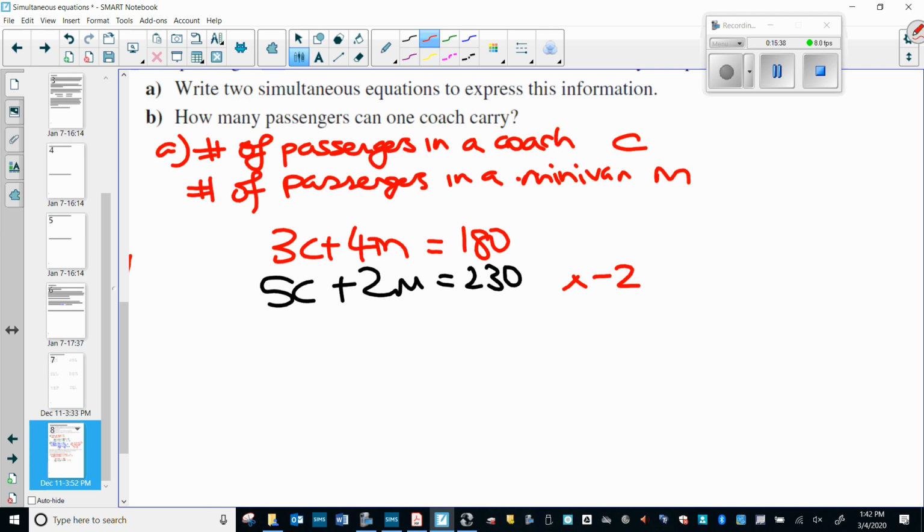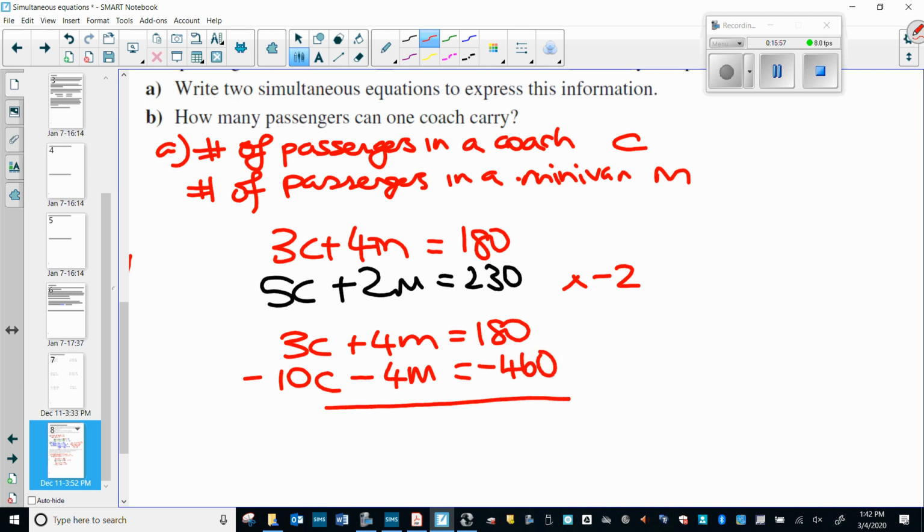So you do 3c for the top plus 4m equals 180. And the bottom would be -10c minus 4m equals -460. And we're adding those two equations.